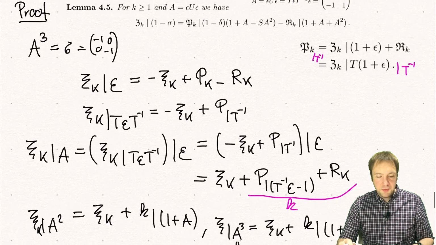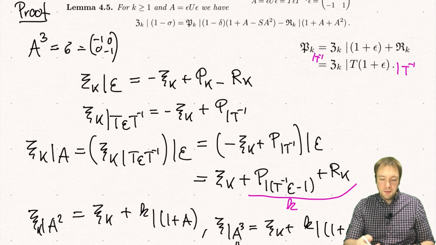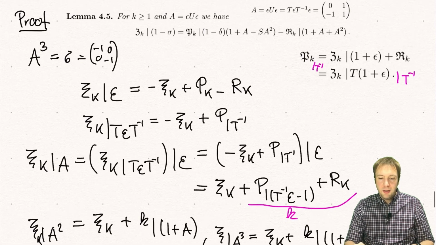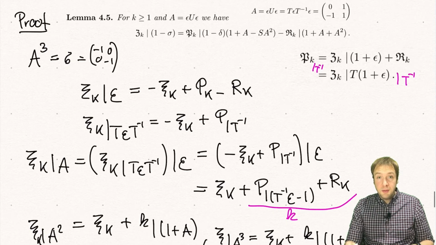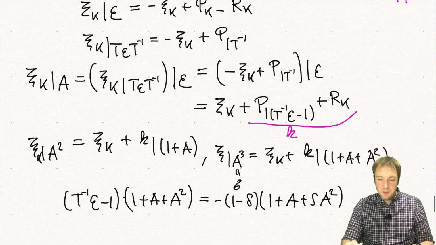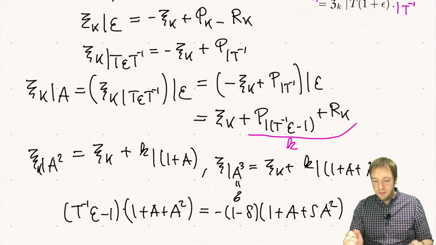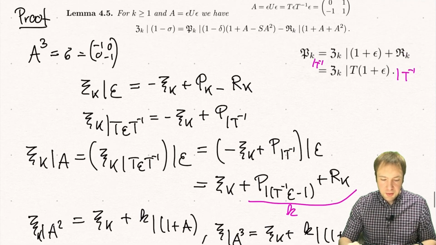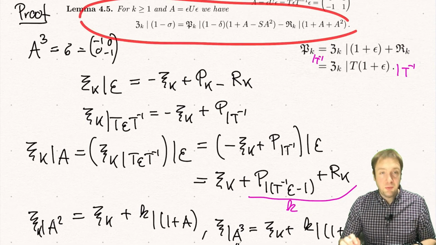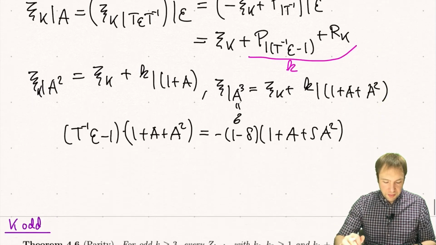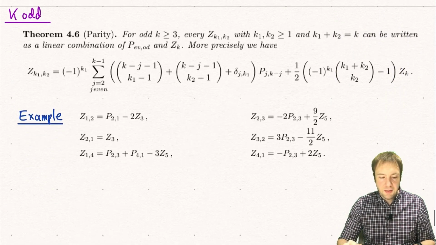Okay, so this gives the proof of this lemma, and one can see that using this group action, it's actually quite a simple lemma, because basically what we do is just multiplying 2 by 2 matrices with each other. But we will see that this actually gives a really nice result. So first, let's consider the case when k is odd.